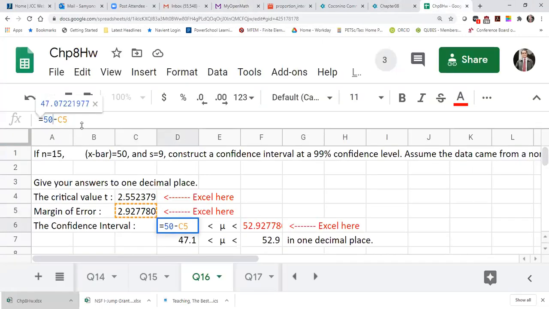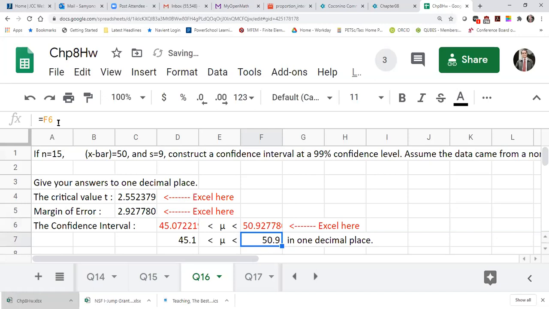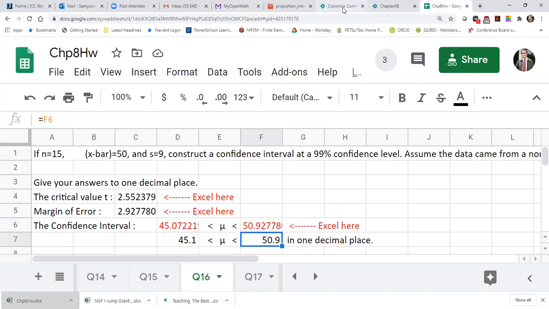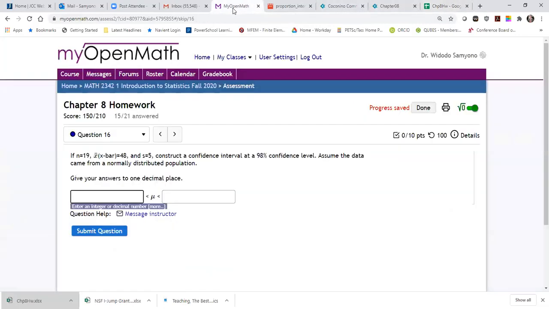So this one you need to do 48 subtract the margin of error, and on the right side, you need to add the 48 with the margin of error. So you have 45.1 and then 50.9.